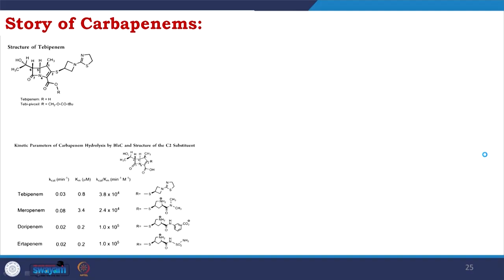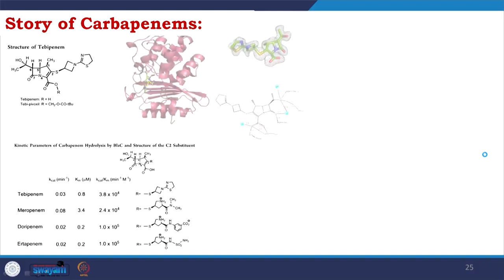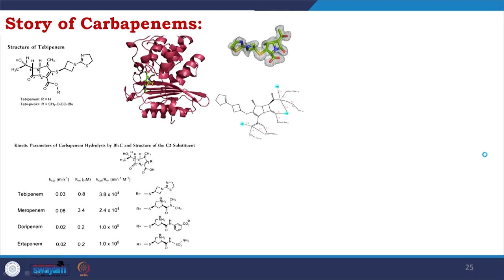There are tebipenem, meropenem, doripenem, ertapenem, and others like biapenem, imipenem, faropenem, and razupenem, but you see the difference in kcat, Km and also the efficiency. But when you look at the enzyme, you will see that this part is mostly out of the system and you do not get a lot of interaction with the protein. You understand what I mean?